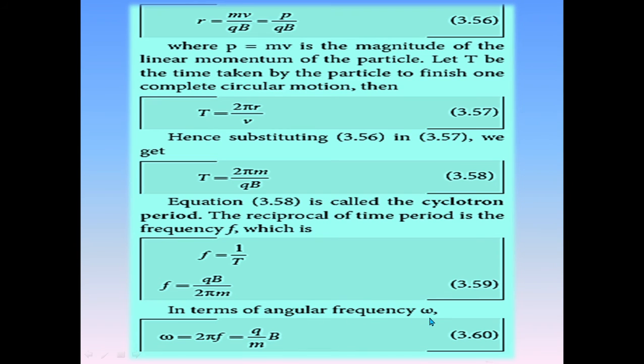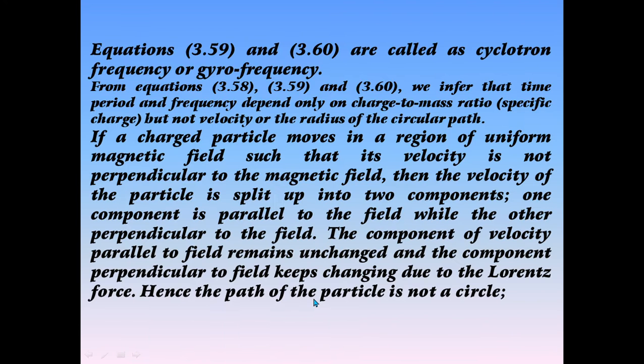In terms of angular frequency, omega is equal to 2 pi f. The value of f is qB divided by 2 pi m. Substituting, omega is equal to 2 pi times qB divided by 2 pi m. The 2 pi cancels, so the remaining term is qB divided by m.